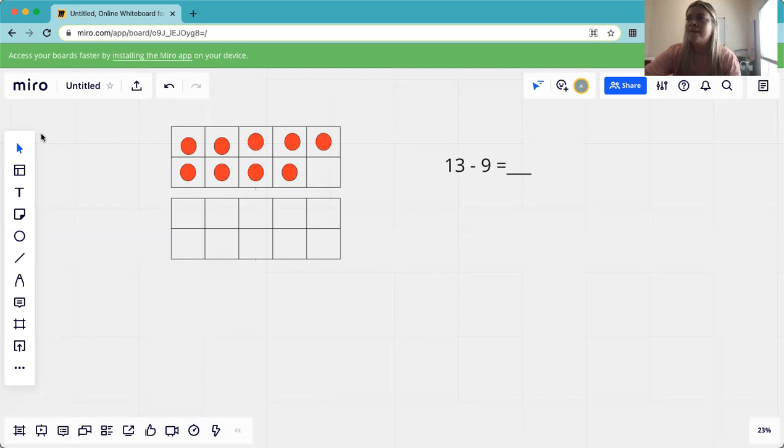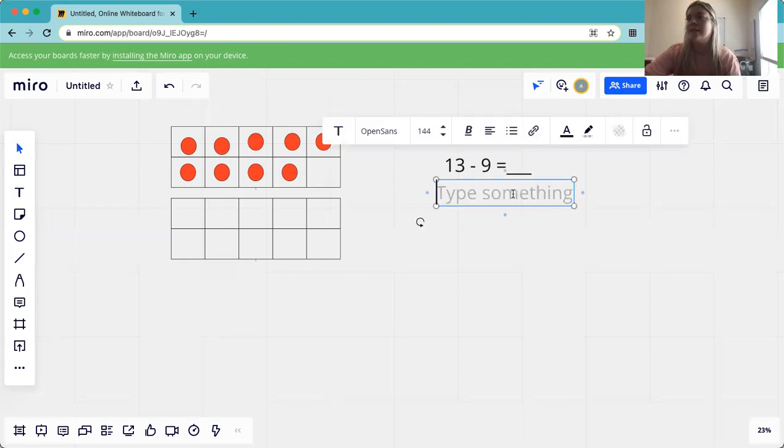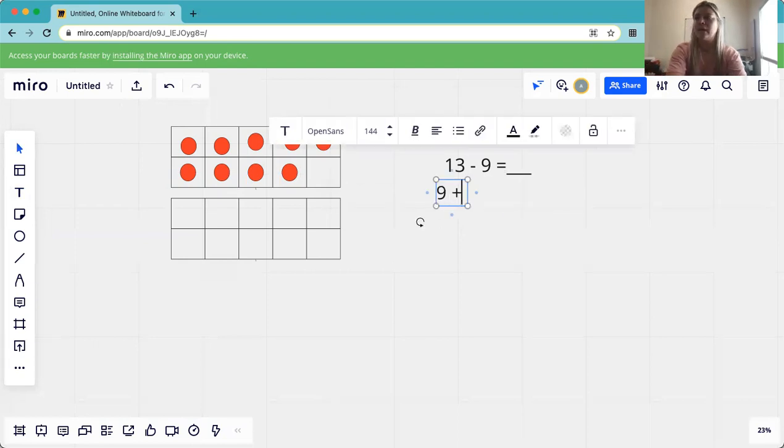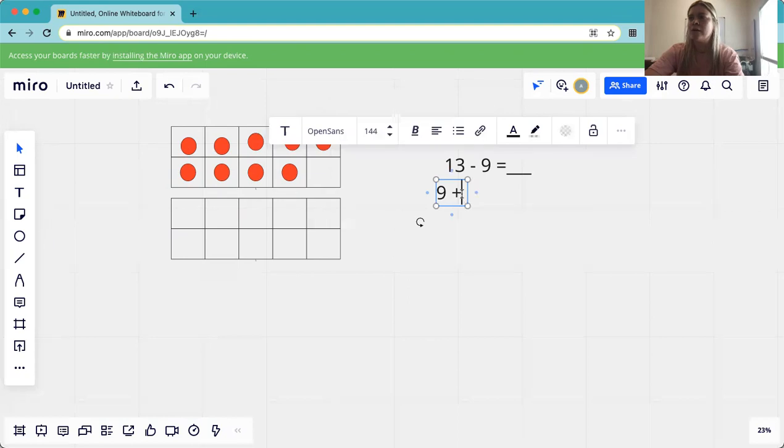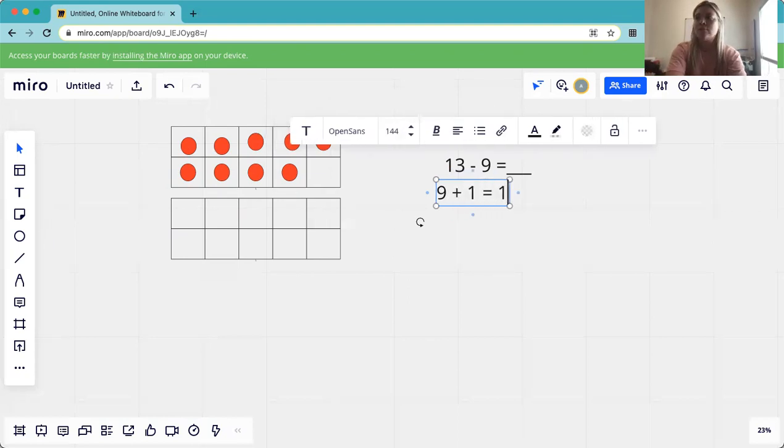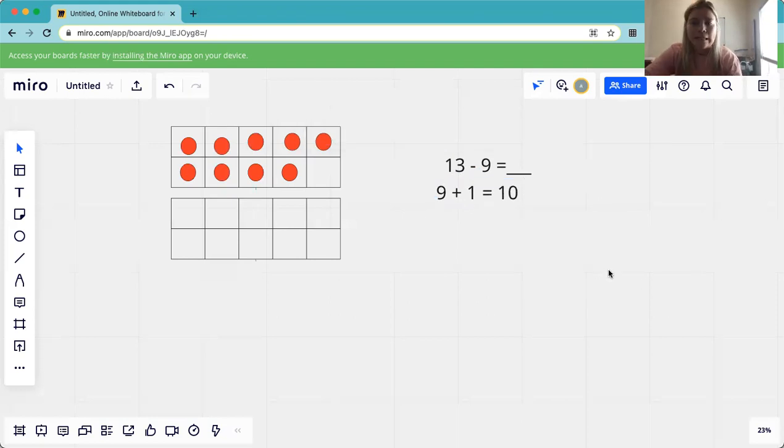All right. So I have my 9 right here and I need to get to 10. So I'm going to write 9 plus, how many more do I need? I need 1 more. So I'm going to write 9 plus 1 equals my 10. All right, looking at that now, I need to figure out what I need to add on, which I'm going to real quick put my yellow counter for my 1 that I added.